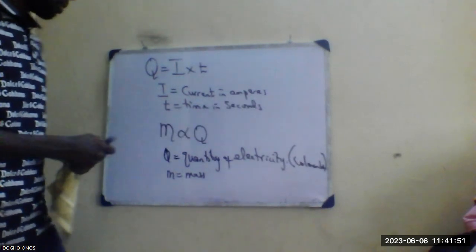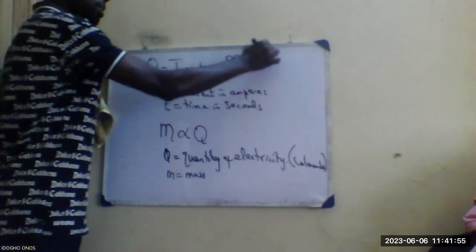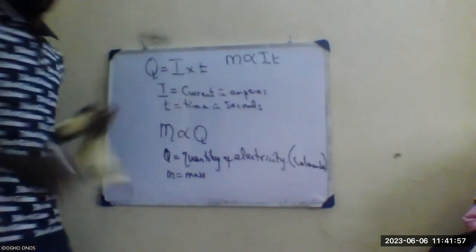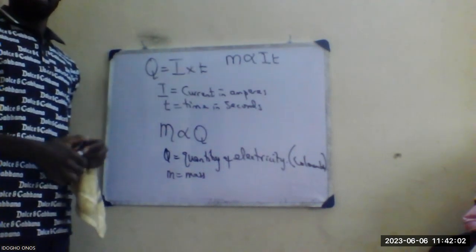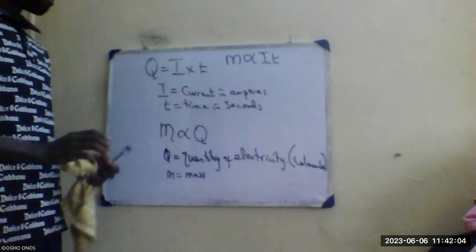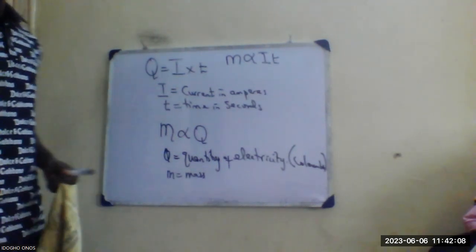So that means I can rewrite this formula as M is directly proportional to IT, because Q is equal to I times T. Any questions, sir? No, sir, it's clear.